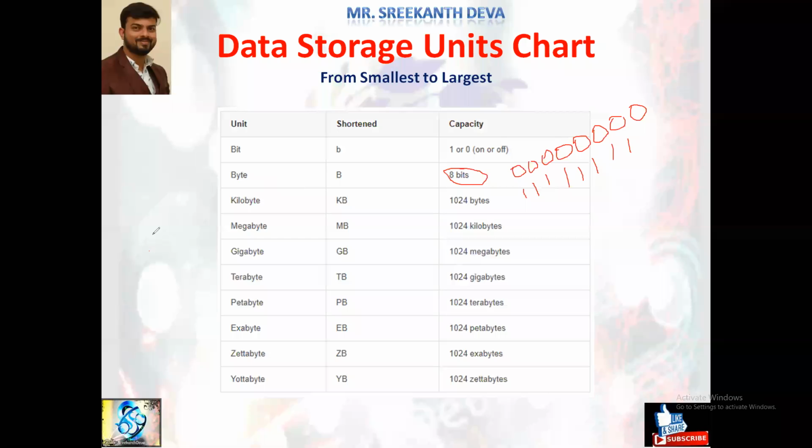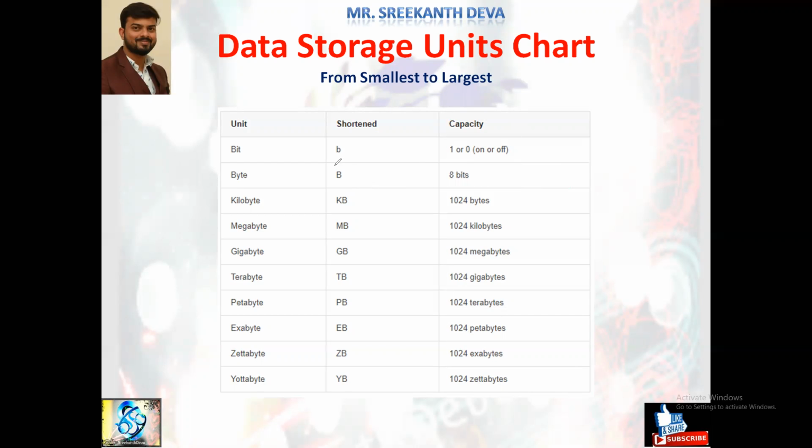For example, if I want to store A, either small a or capital A, capital S, small s, then 1 byte of memory is allocated. 1 byte represents 8 bits of memory, which is a combination of 8 zeros and 8 ones.